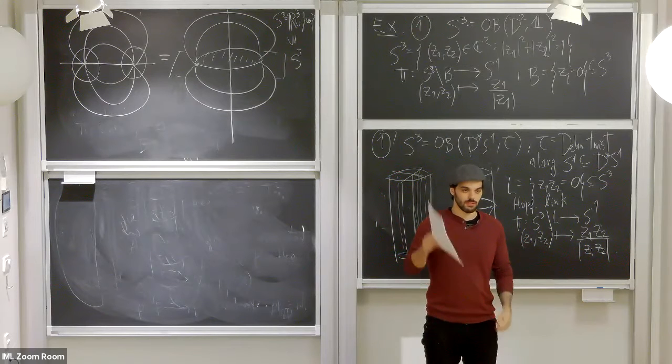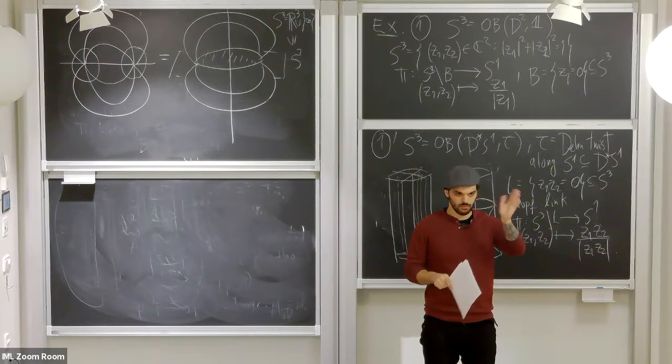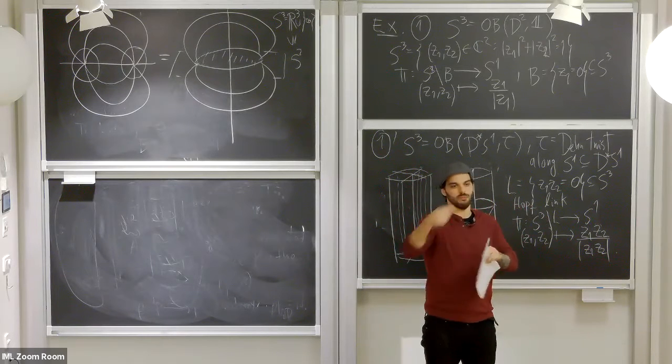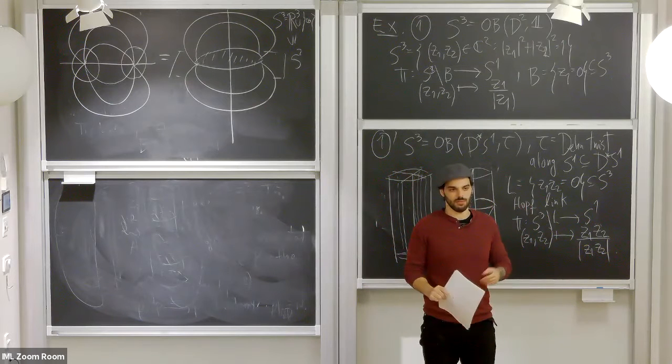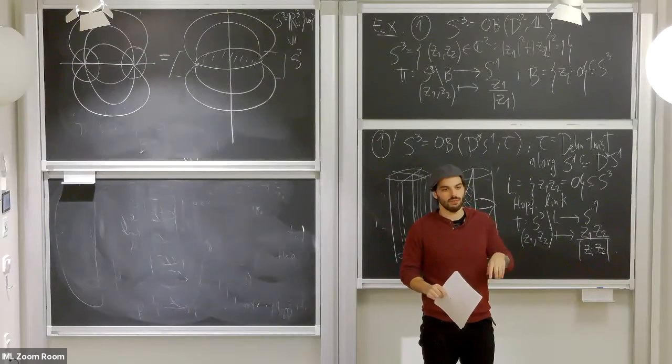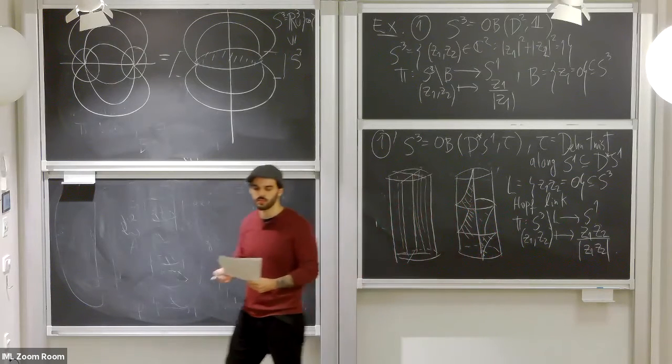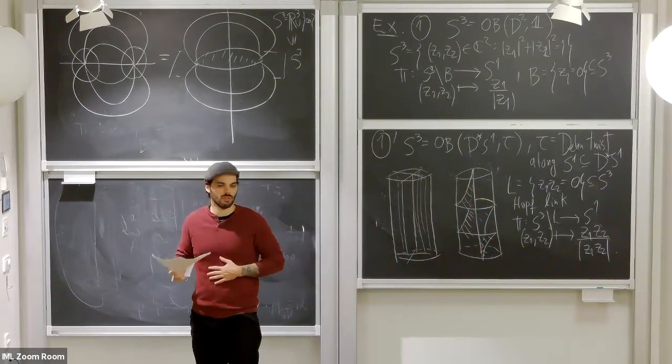You can take a connection which is tangent to the pages, a symplectic connection if you know what that is, and then you just take the return map of that, and that's going to be your monodromy. There's something to do near the boundary: you want the monodromy to be the identity at the boundary. So you need to be a bit careful. The construction is not obvious at all.